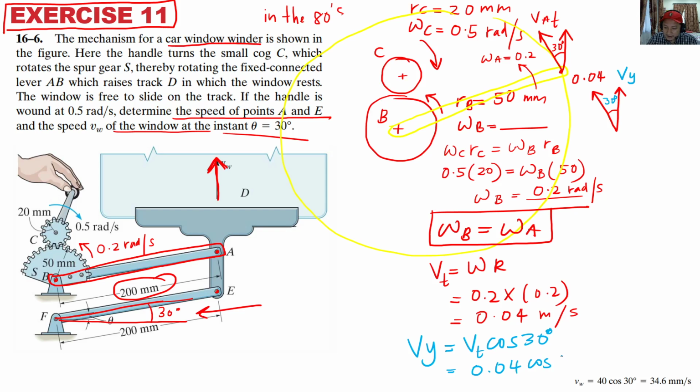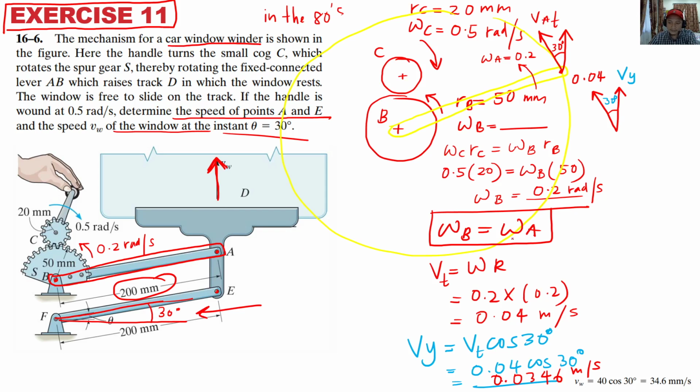0.04 cos 30 degrees. What do you get for cos 30 degrees? 0.866. So 0.04 times cos 30. We get the answer, it's actually 0.0346 meter per second.